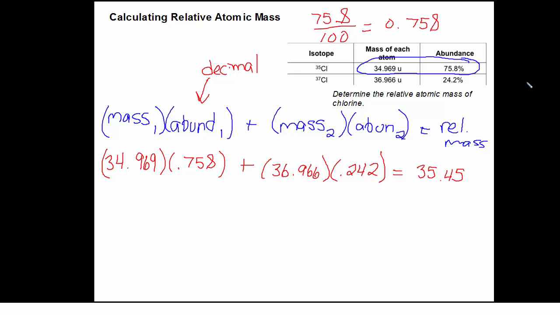So when I go to carry out any calculations involving chlorine, I use 35.45. Let's say I'm trying to figure out the mass of a compound, because that takes into account the distribution of the various isotopes.